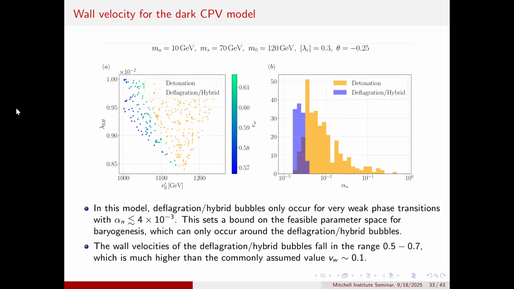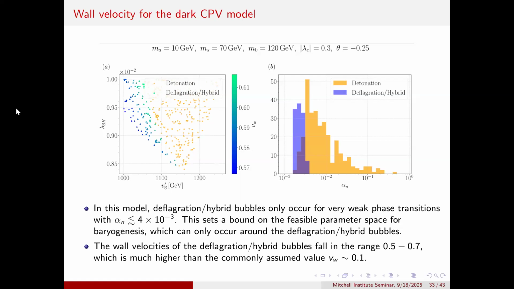Another thing we found is that the wall velocity for deflagration and hybrid bubbles in our model is in the range of 0.5 to 0.7, which is much higher than the value commonly assumed in the literature, which is 0.1. The reason people assume this low value is that baryogenesis is more favorable for lower VW.